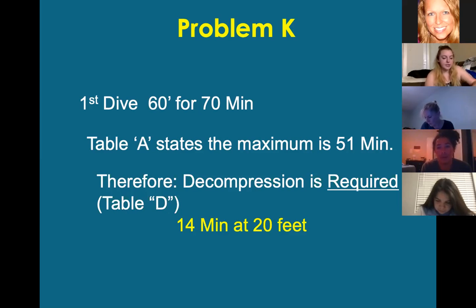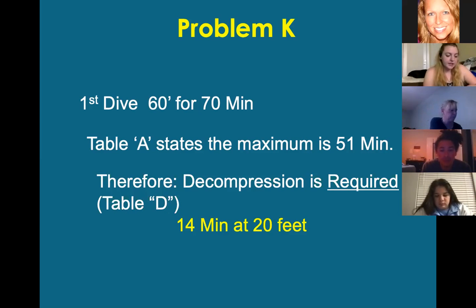The important number is going to be that 14. So we need to do 14 minutes at 20 feet. It's going to be that middle column. You follow the 70 over to where it says 14, and that tells you how long you need to stay at 20 feet to decompress.